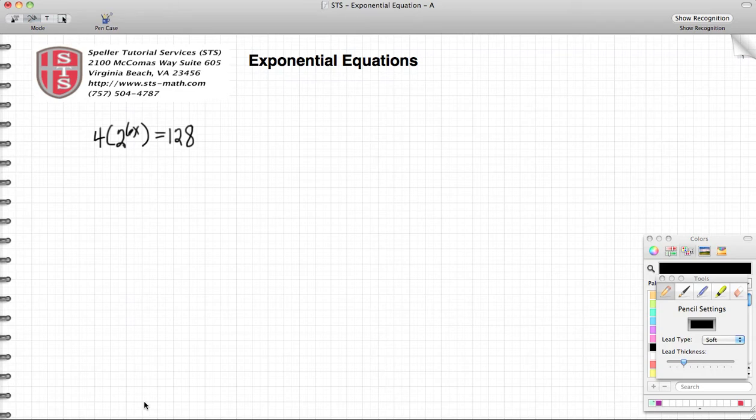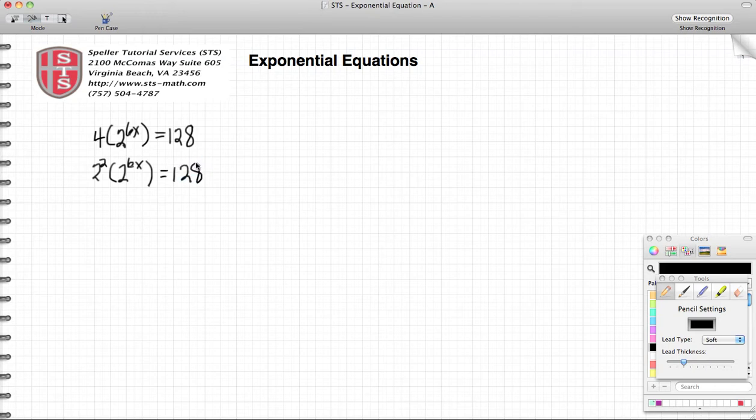First thing we need to do is try to get both sides of this equation to have the same base. And since I see a base of 2, I'm going to go ahead and begin there. First, I see that 4 is the same thing as 2 to the second power. And I'm going to rewrite what I have here on the left, my equal sign, and then 128.